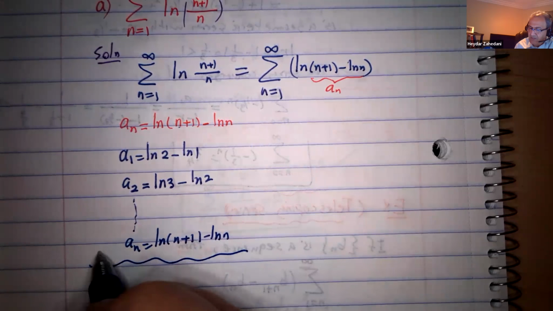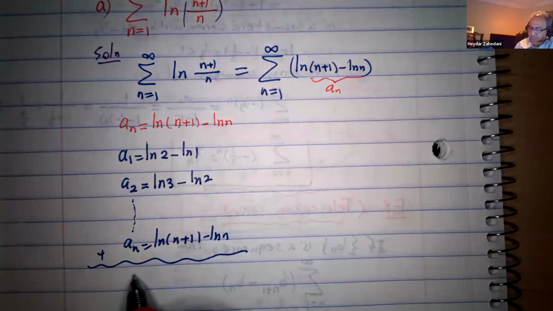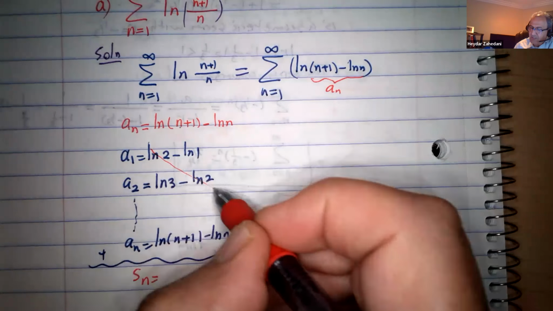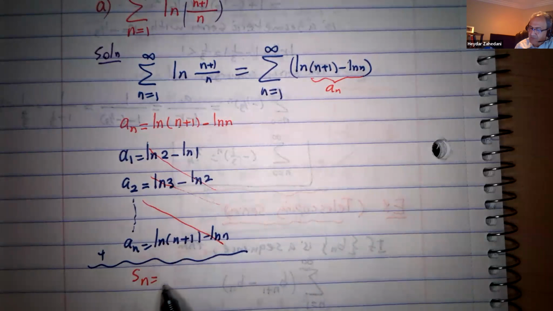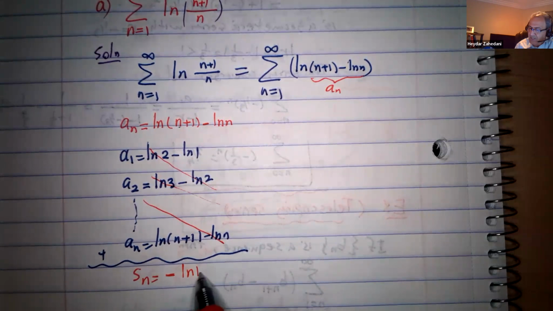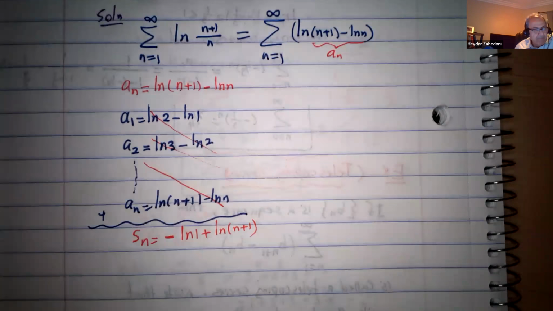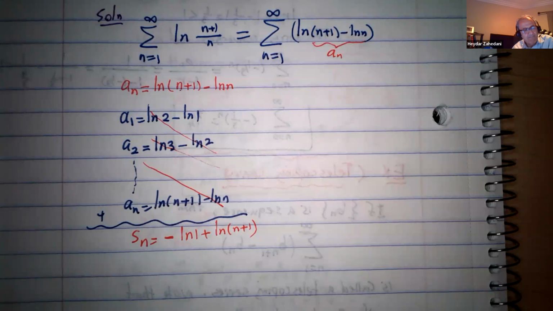Now add them together. If you add these together, that gives you S_n. And here you see ln 2 would be cut, these are going to be out. So the leftover is negative ln 1 plus ln of (n plus 1). You know that ln 1 is 0. So you end up with ln of (n plus 1) only.